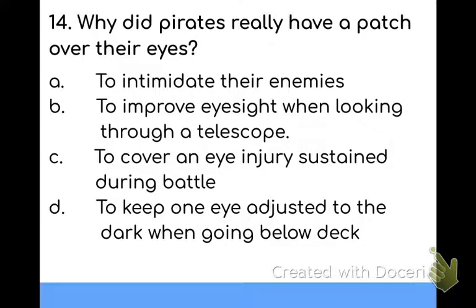Was it to intimidate their enemies, to improve eyesight when looking through a telescope, to cover an eye injury sustained during battle, or to keep one eye adjusted to the dark when going below deck? Why did pirates really have a patch over their eye?